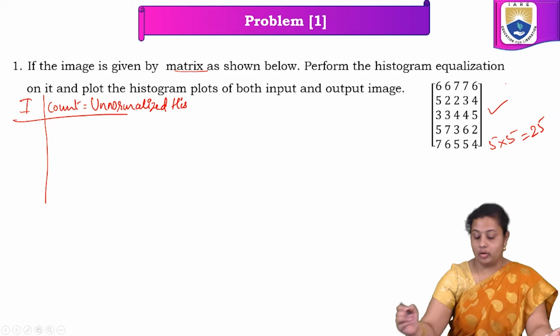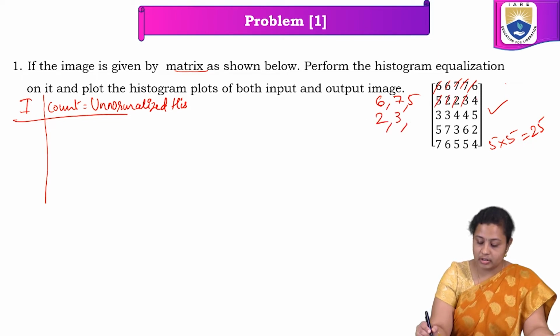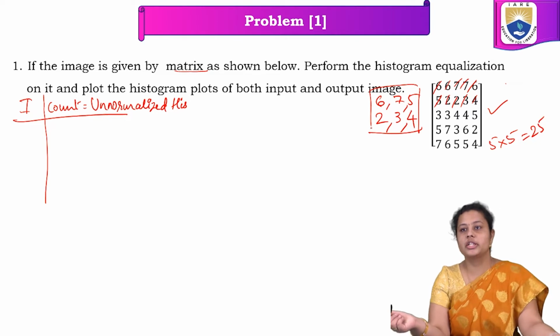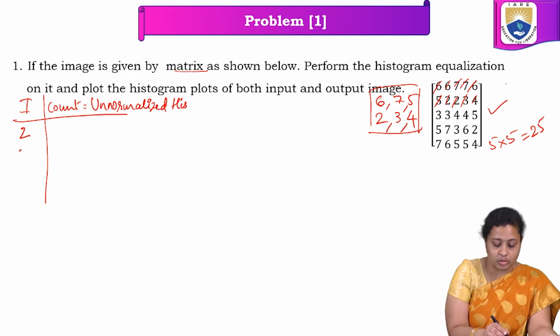So let's start. We note down all the possible intensity values, and let me write them in a systematic way: 2, 3, 4, 5, 6, 7.